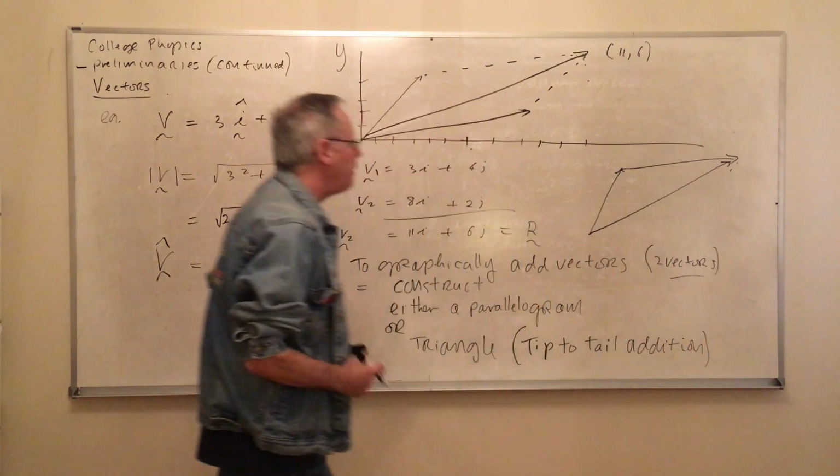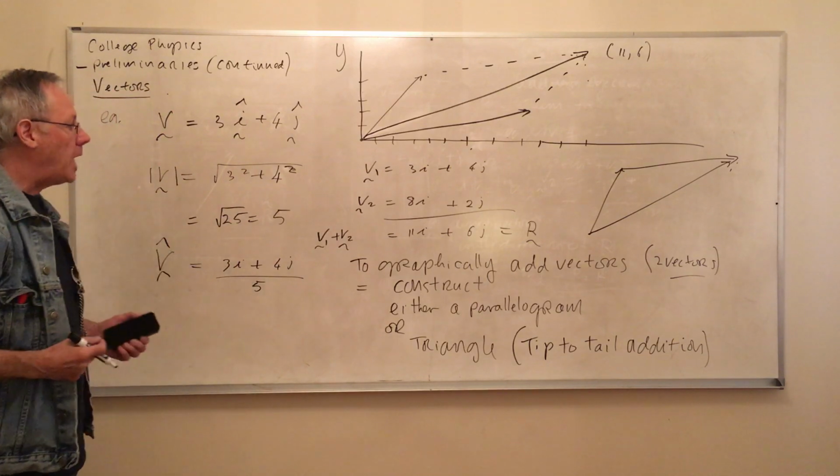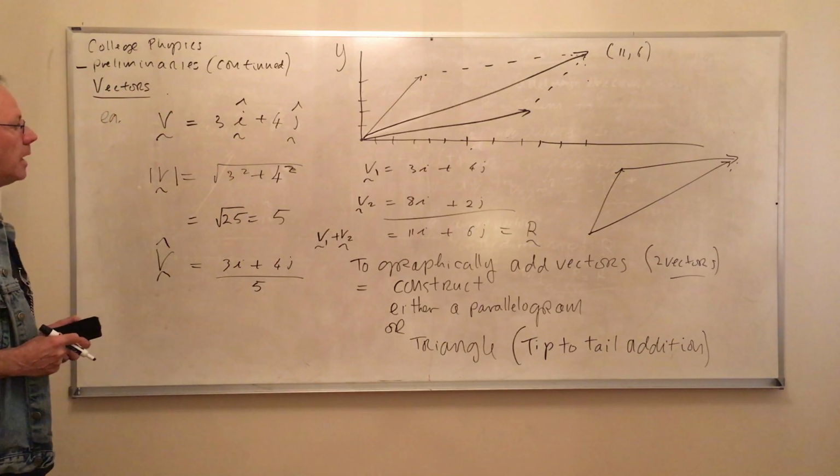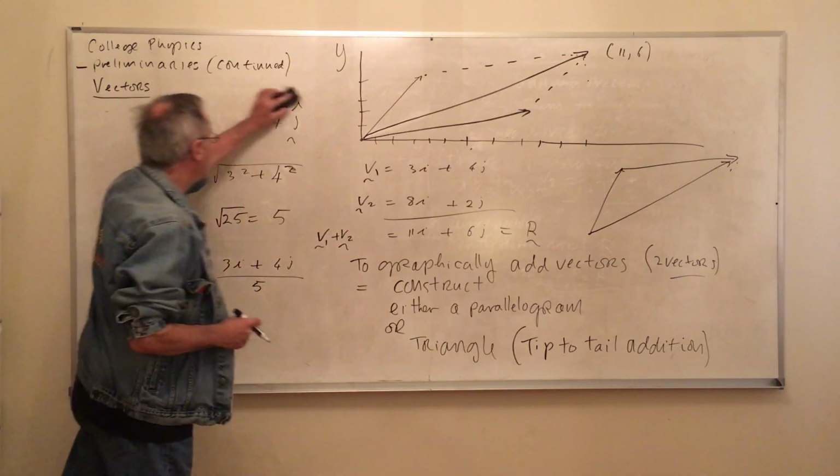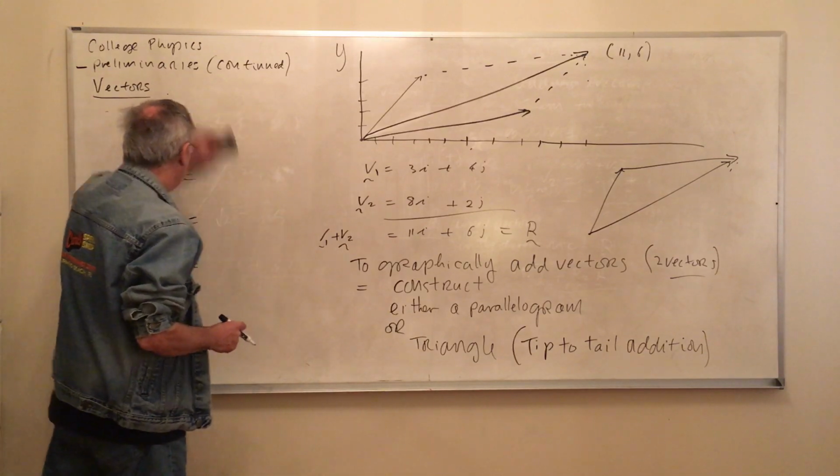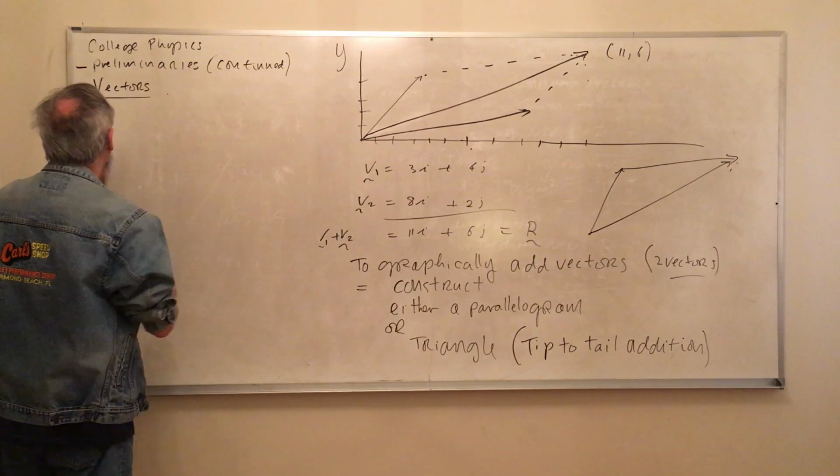So if we didn't actually have the components and we didn't have the angles, we can still draw these things out. Let's have a look at the tip to tail method for lots of vectors.